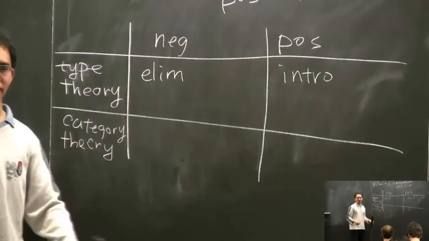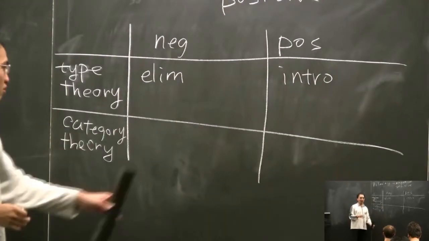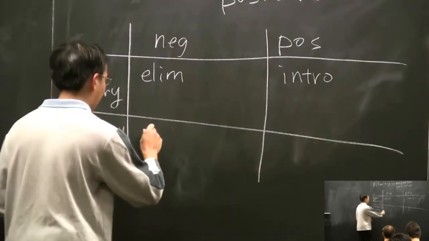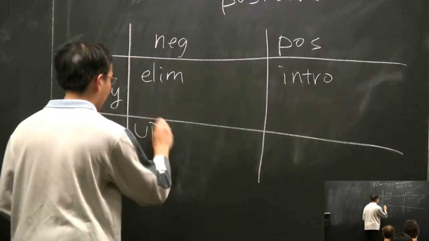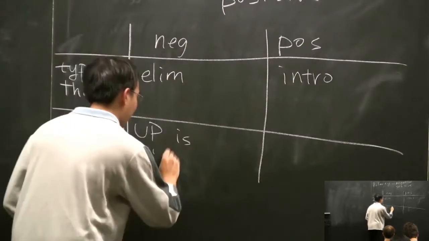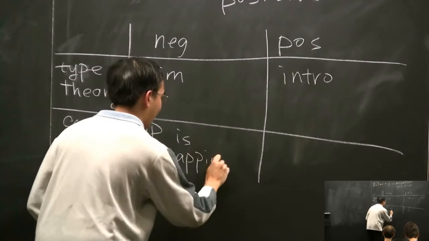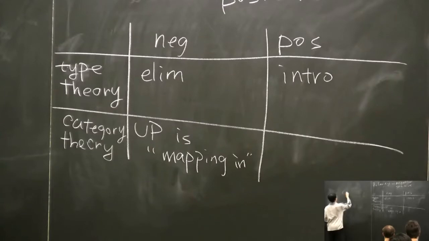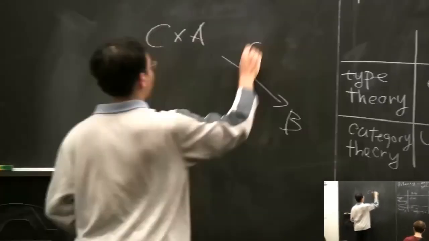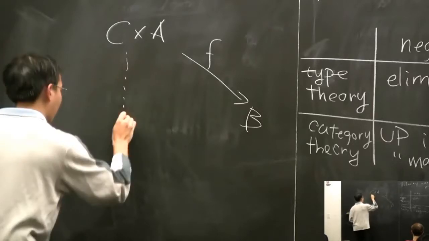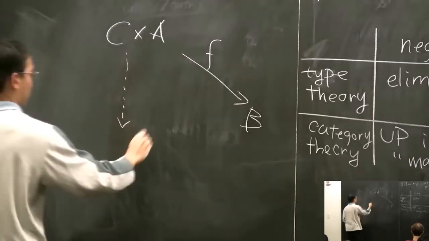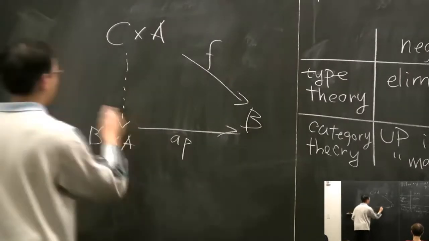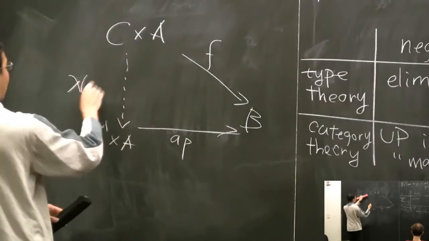So in category theory, we already gave you some diagrams about this elimination and introduction. Then the negative types, it means that the universal property is basically mapping in. Let me just give you an example. If you have C times A to B, it's F, and so this is a universal property with A times A, and that's F, and 1, oh sorry.